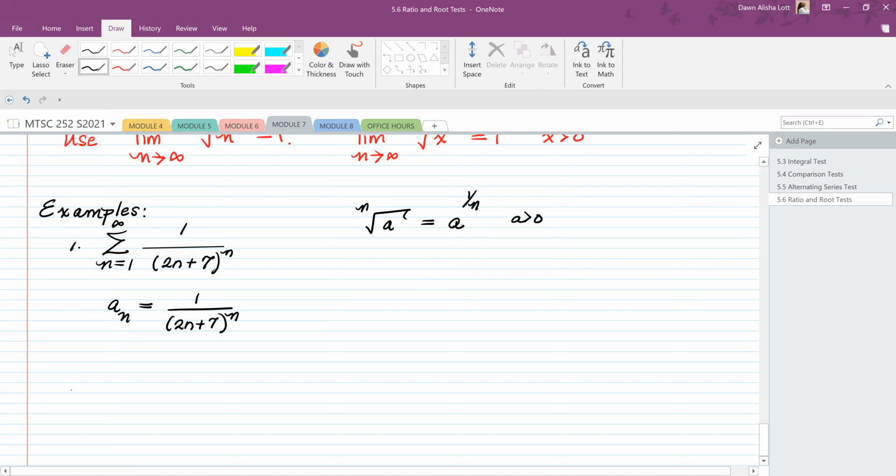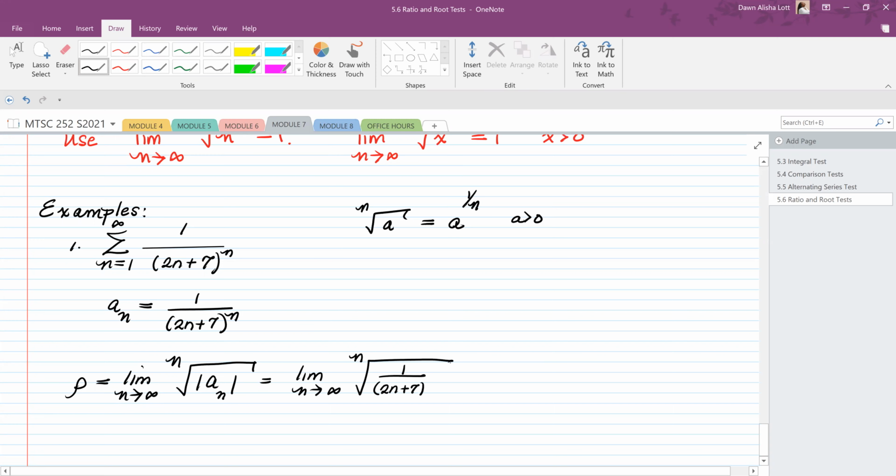So therefore, rho is the limit as n approaches infinity of the nth root of the absolute value of an. So that is the limit as n approaches infinity of the nth root of 1 over 2n plus 7 to the n.